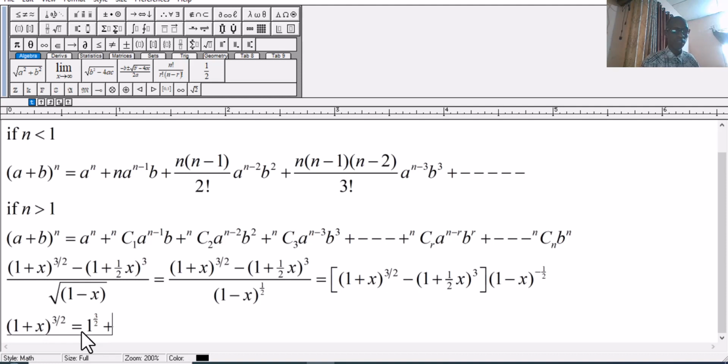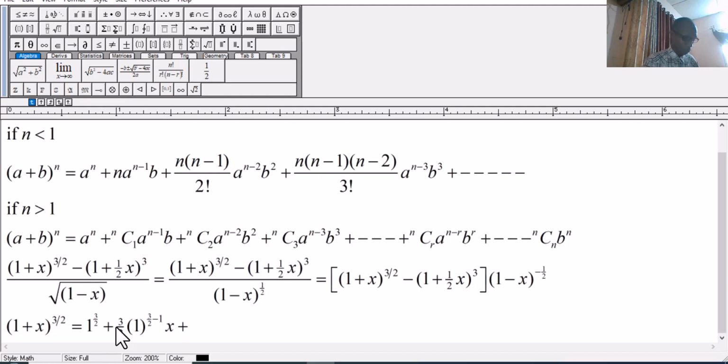If I'm working personally myself, there are some steps I will eliminate, but I'm working so that even as you follow along, you get the concept. Our n in this case, this is the formula we are using, will be 3 over 2. Then we have 1, that will be 3 over 2 minus 1, then x.